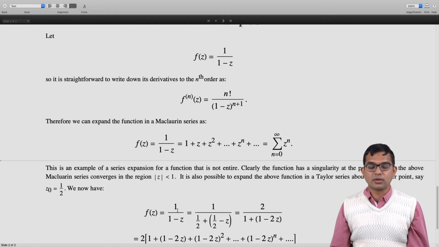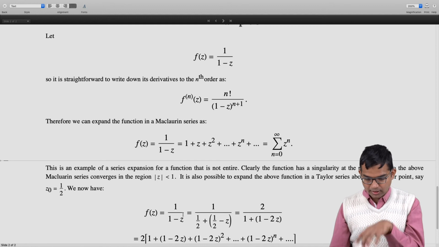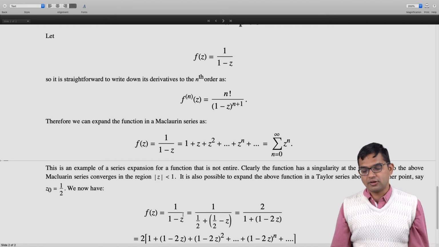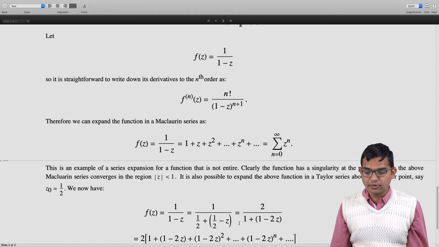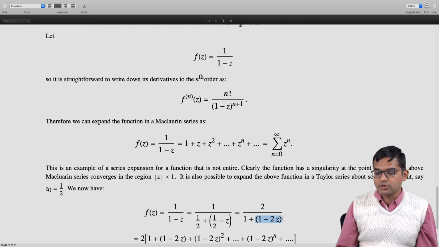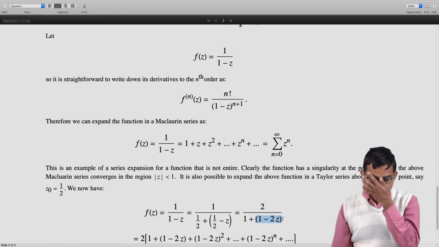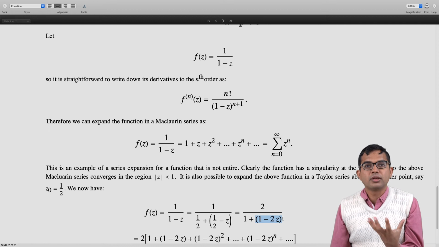F of z is 1 over 1 minus z, which can be written as 1 over half plus half minus z, and then you pull out a factor of half from the denominator, which becomes a factor of 2 in the numerator, and so then you have 2 divided by 1 plus (1 minus 2z). Now you can think of this 1 minus 2z as a complex number, right?